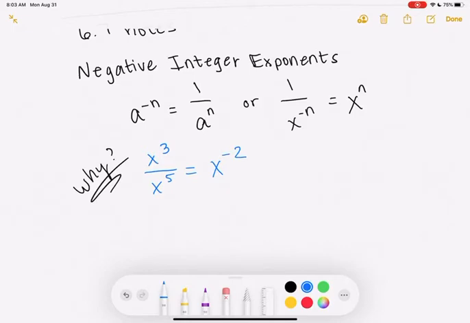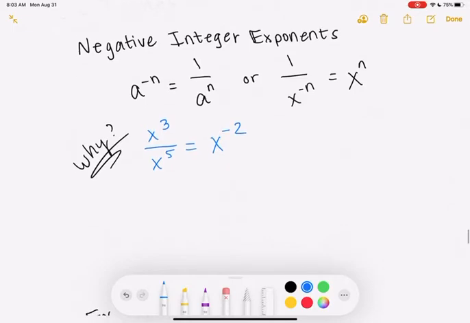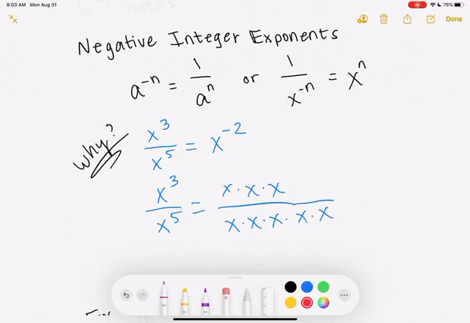Another thing that we know is if we have x cubed over x to the fifth, we could rewrite that as x times x times x over x times x times x times x times x. And that we could cancel those out. So we got 1, 2, 3 of them we could cancel out.